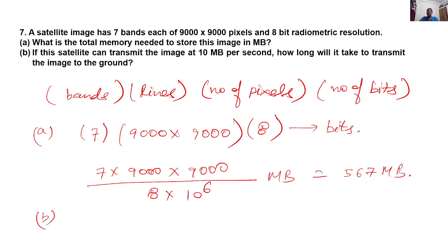Question B is, if the satellite can transmit the image at 10 megabytes per second, how long will it take to transmit the image to the ground? So how to do it? Any idea about it? It's very straightforward again. Any idea, Saket?